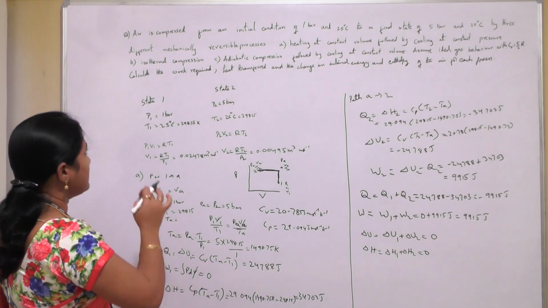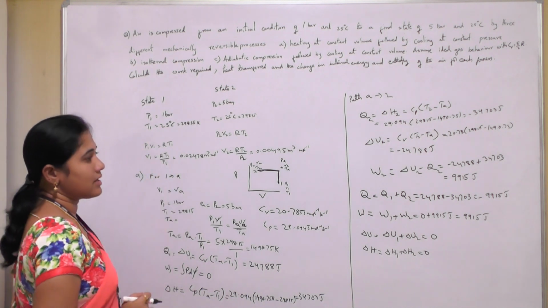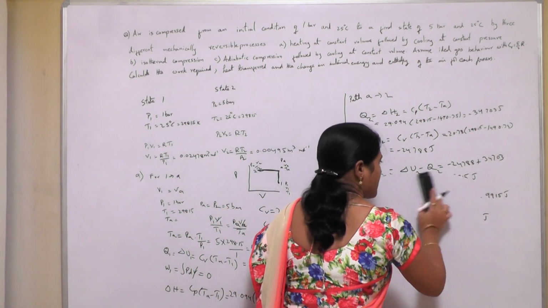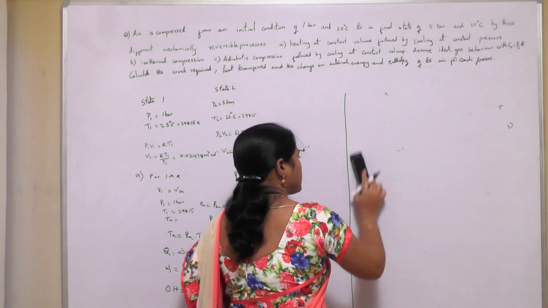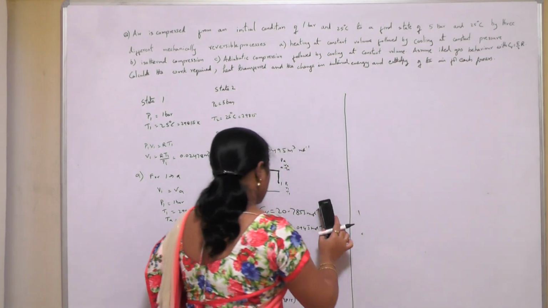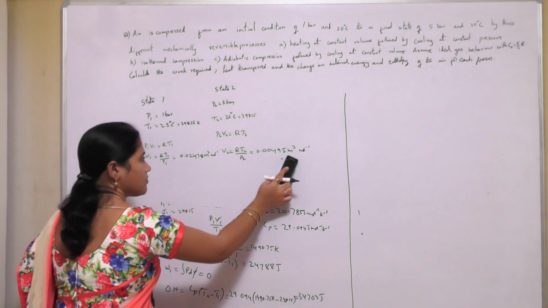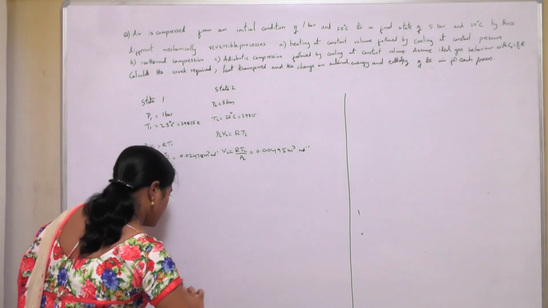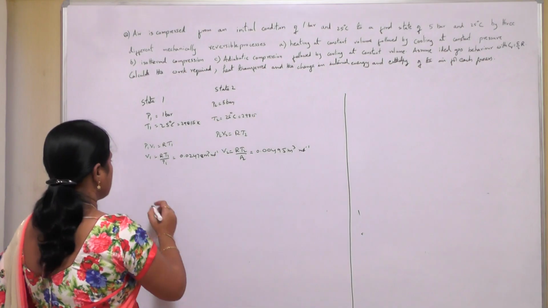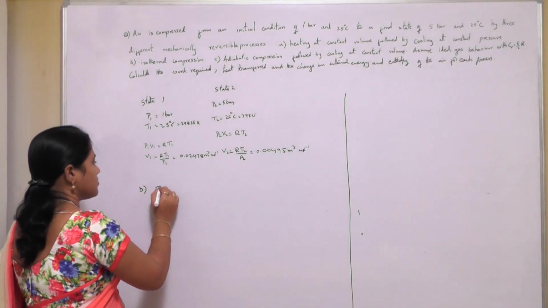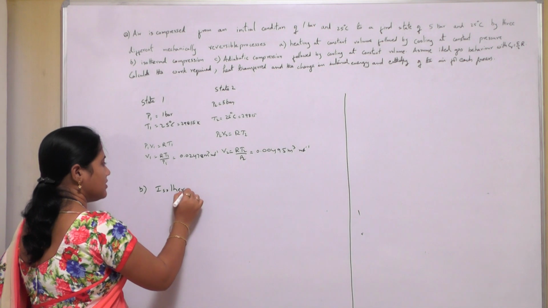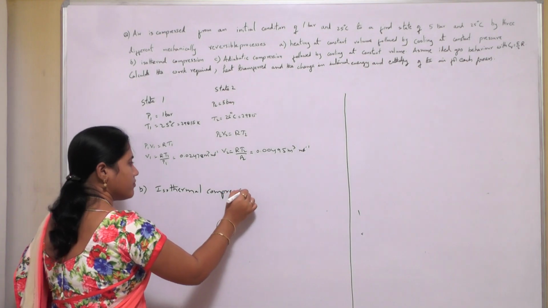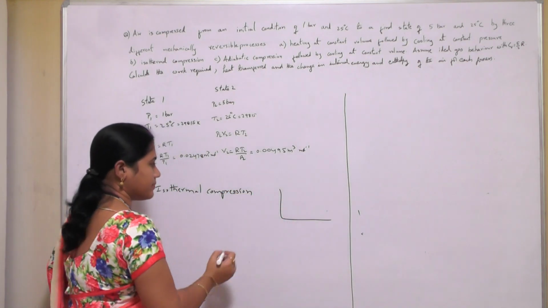Now coming to the second process, that is isothermal compression. For this also the PV diagram is required.